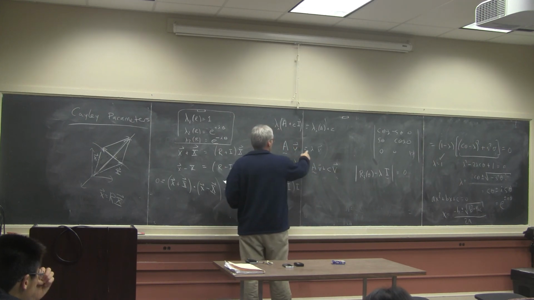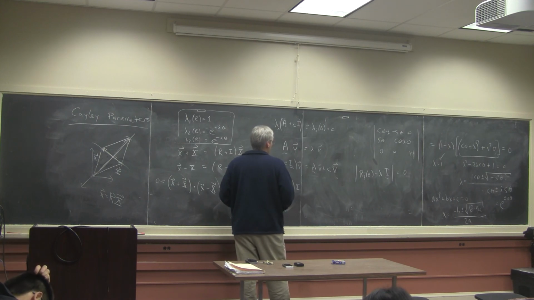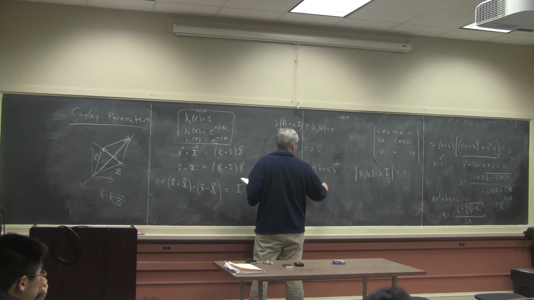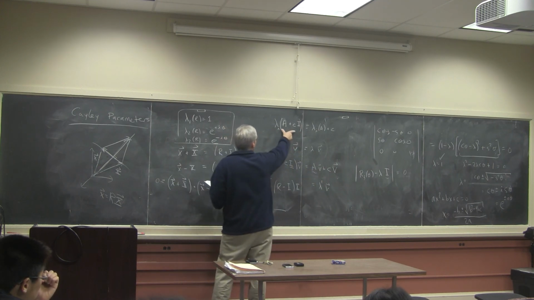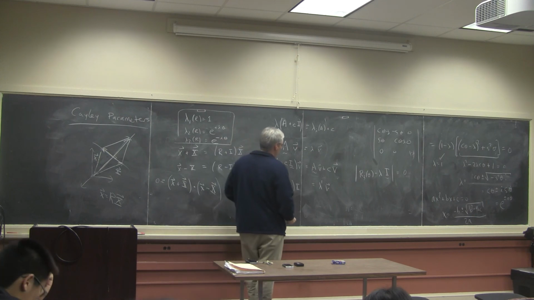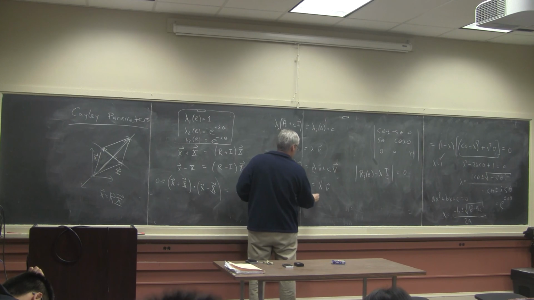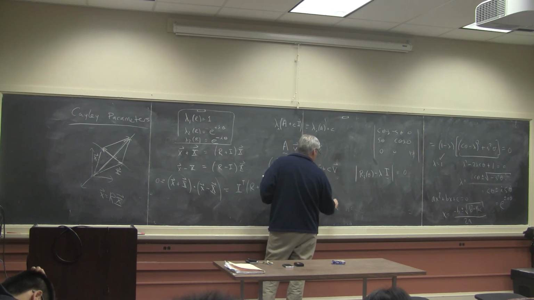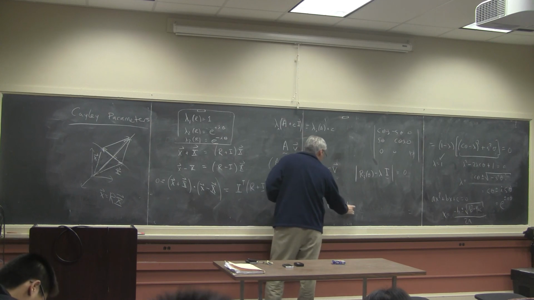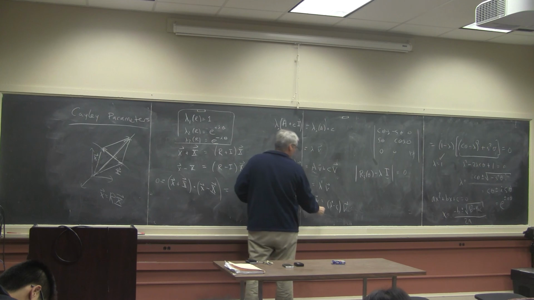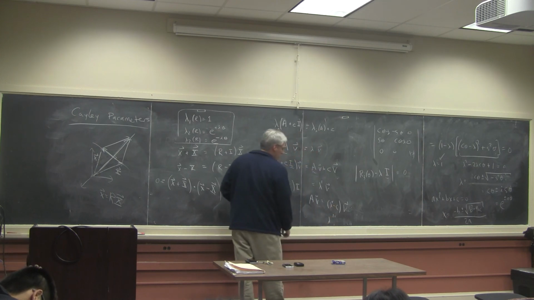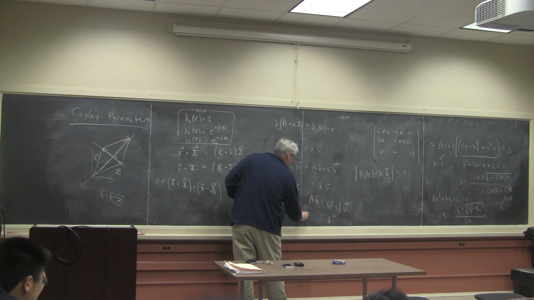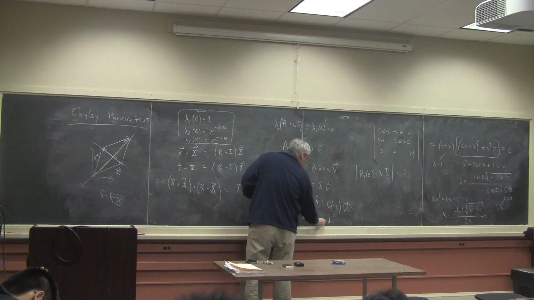If I call lambda prime the eigenvalue corresponding to this sum, then lambda prime times V gives AV equal to lambda prime minus C times V. But I know that A times V is equal to lambda times V. So this means that lambda prime minus C has to be equal to lambda, which means that lambda prime is equal to lambda plus C.